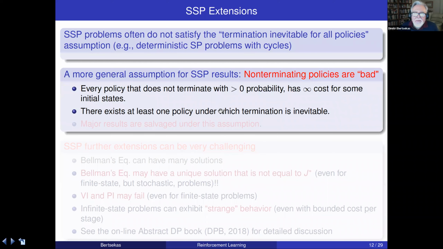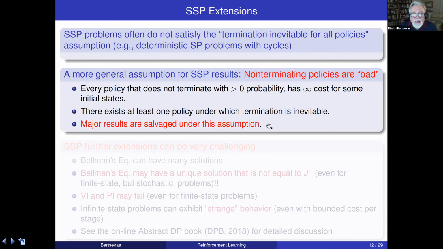So this is the assumption, and it's a reasonably substantial extension of the theory, and it requires some sophistication in its analysis. You'll see a theory revolving around proper policies and improper policies, and we're not going to go into the details here, but the major results, the three theorems, are salvaged under this assumption. That's the important thing for us.